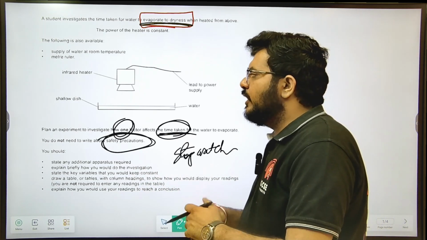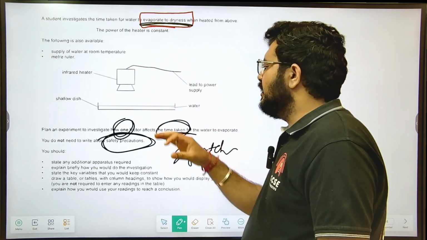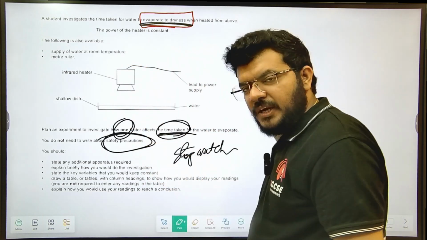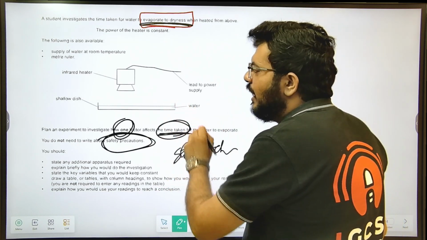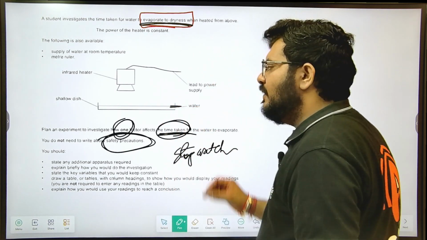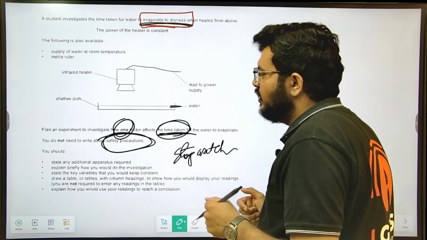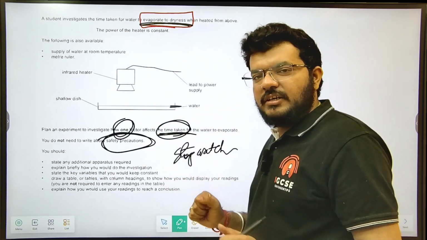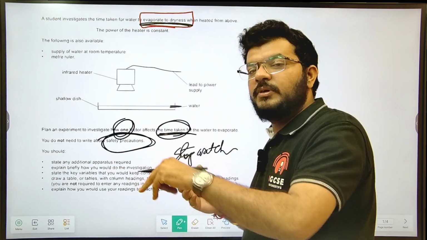Okay, so how would I do this investigation? I'll place the heater at, let's say, 50 centimeters above the base of the plate. I'll make a marking at half of the height and fill the plate to half. Place it below the heater approximately at the center, because if you say exactly, you have to say how exactly. How will you keep it exactly?